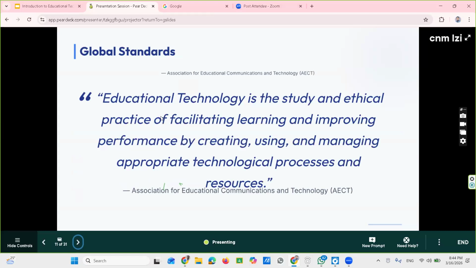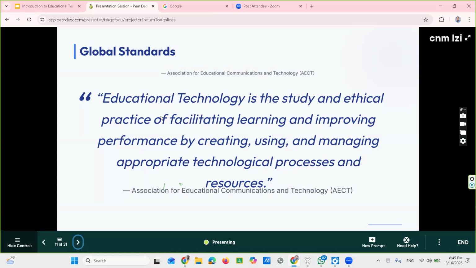Here is one definition. This one is a standard definition. Right? Up to this point, we have not discussed any standard definition. There are various papers around the world giving definitions for this term, educational technology. Right here, I extracted one definition for you.